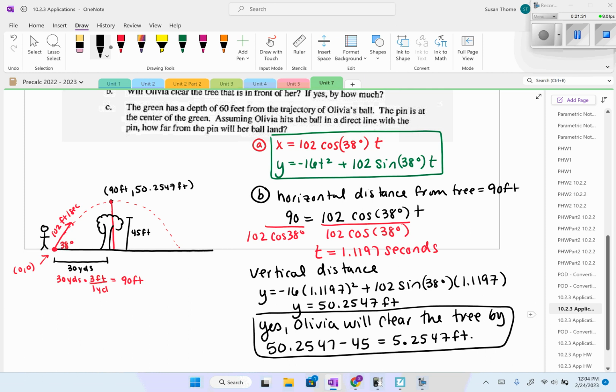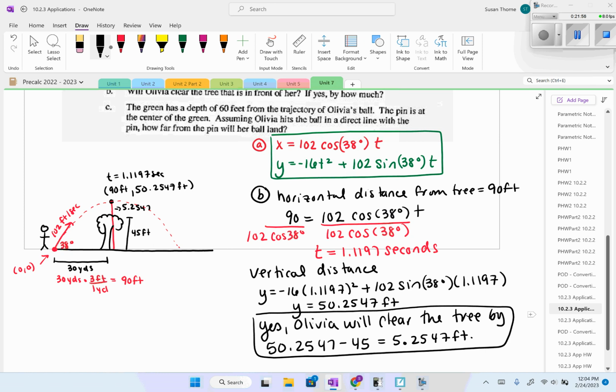And the time is 1.1197 seconds. So it takes that long to go horizontally 90 feet and up vertically 50. And the distance that we've cleared it by was 5.2547 feet. So we've definitely cleared the tree.